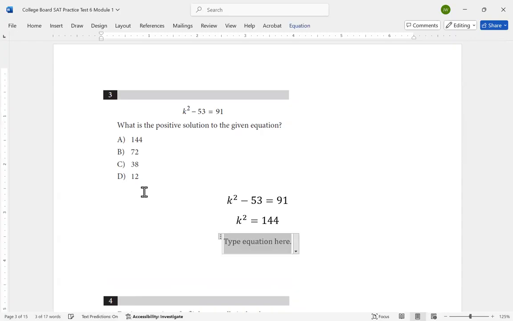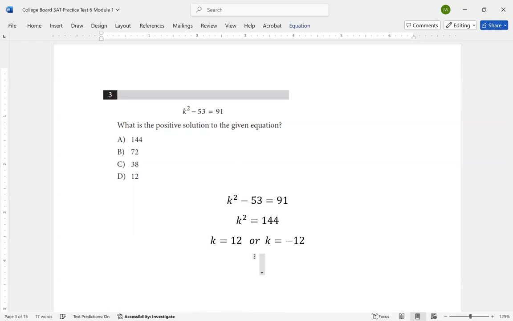Now, this equation technically has 2 solutions. One is at k equals 12. The other is at k equals negative 12. So if you square 12, you get 144, or if you square negative 12, you get 144. The positive solution obviously is 12 because negative 12 is negative. So the answer to number 3 is D, which is 12.